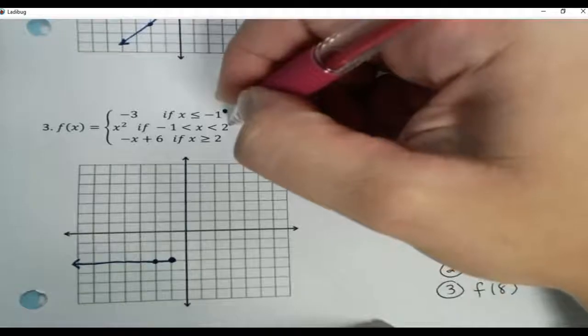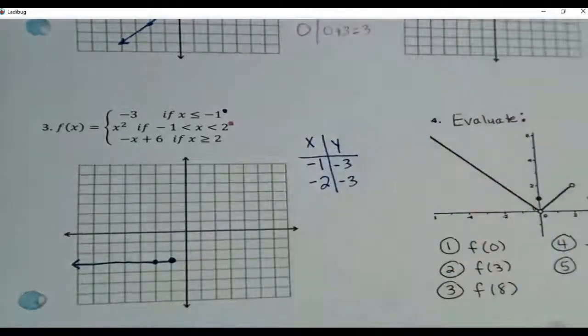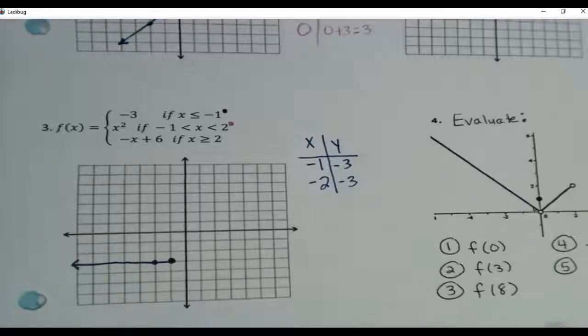Alright, so the second one is different. Why? Good, so it gives us 2 points. It gives us -1 and it gives us 2. What else is different about it? Good, it's an x squared, so it's a quadratic. So when you have an x squared, you need more than 2 points, okay?